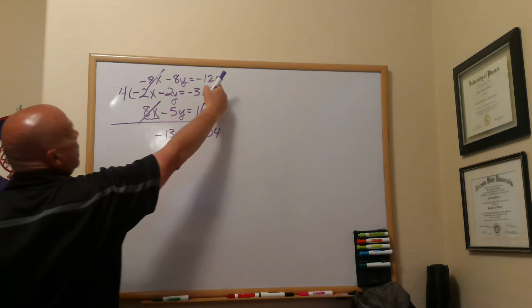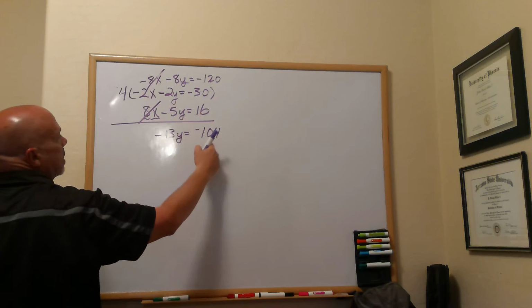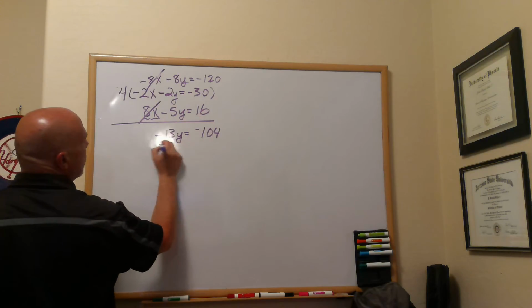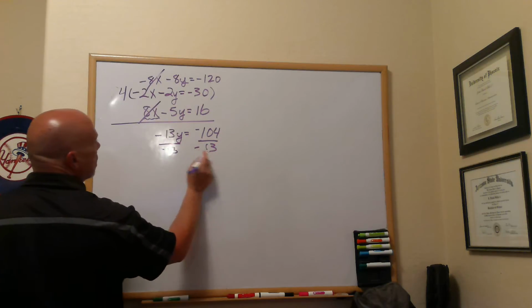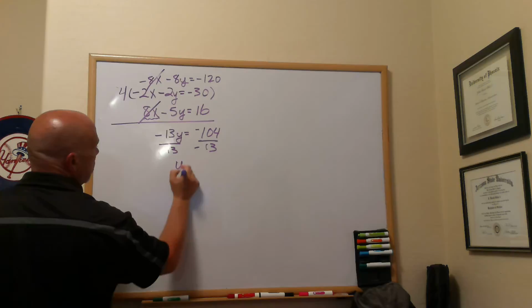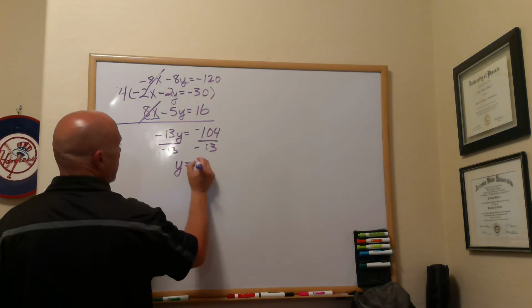Again, that's a negative 120 plus 16 is a negative 104. So now I'm going to divide both sides by a negative 13, which is nice because now I know my y is going to become positive. And I get y is equal to 8.